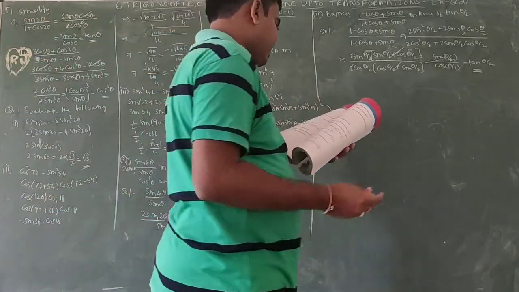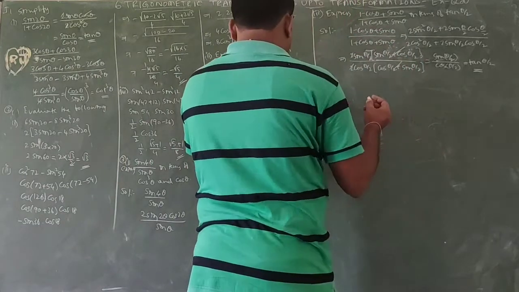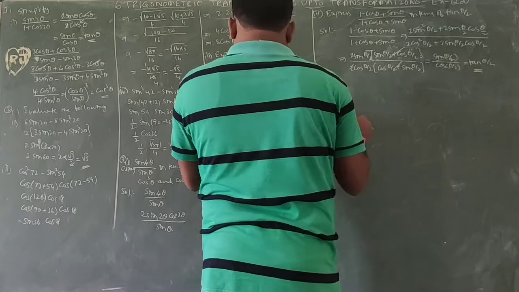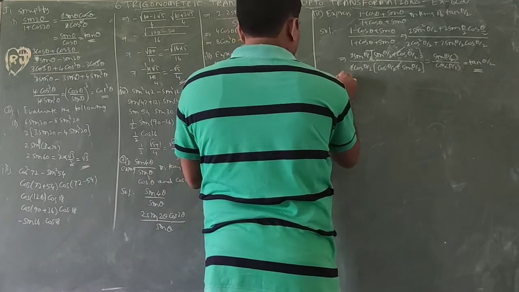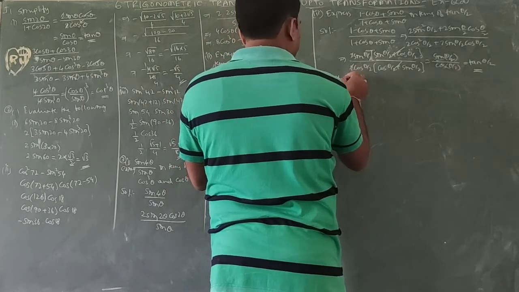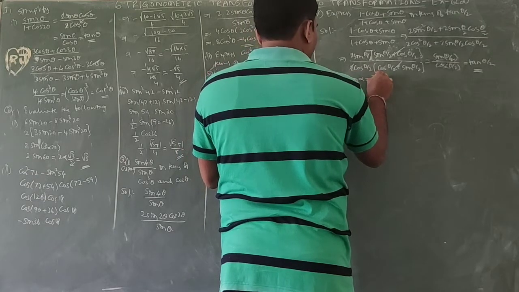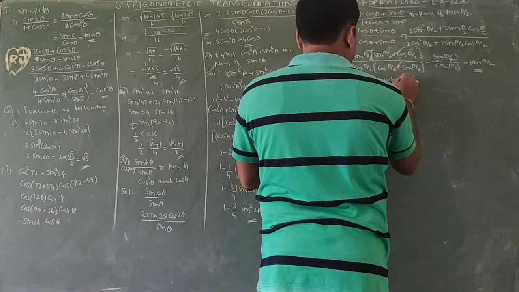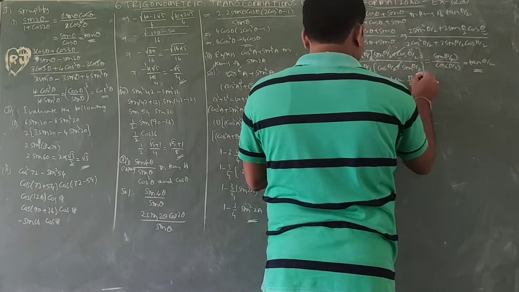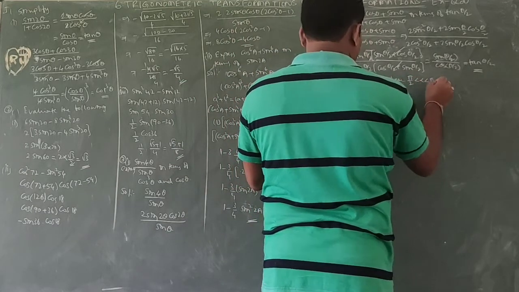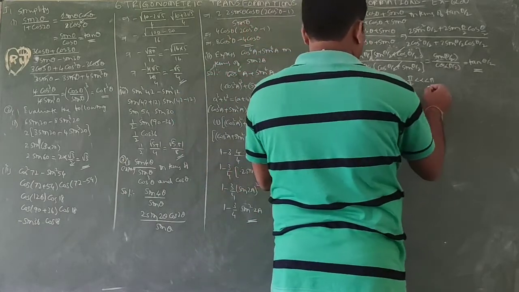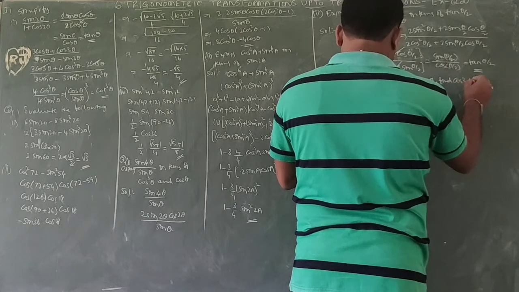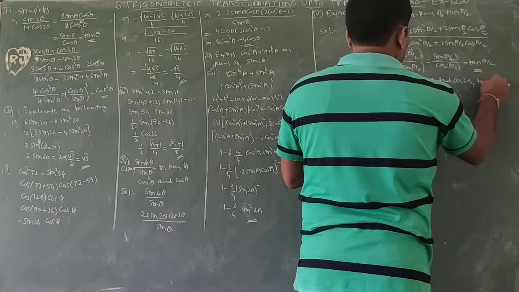Fourth question, first one. If sin alpha equal to 3 by 5, where pi by 2 less than alpha less than pi, find cos 3 alpha and tan 2 alpha.